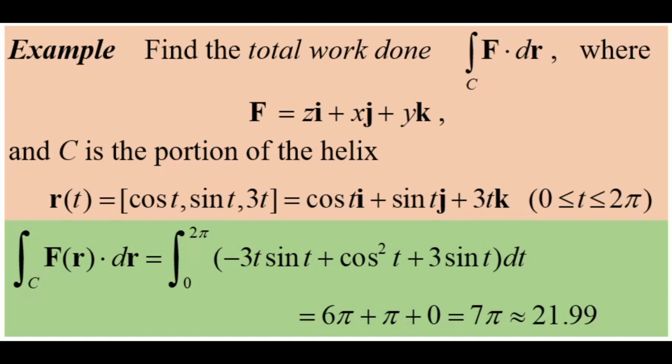In the video, line integrals of vector valued functions, we have seen that for this given F and this curve C, the integral over C of F dot dr is 7π, which is approximately equal to 21.99. So the required work done is 21.99 units.